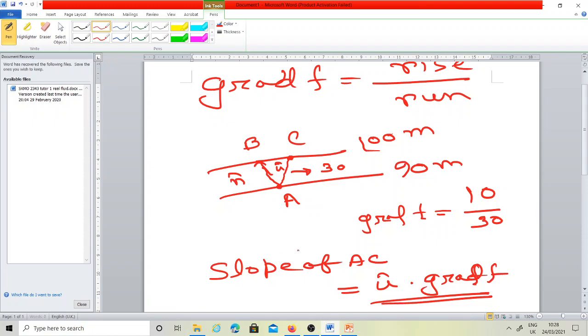Mainly we use this to find the slope, as I said, during skiing or golf. Whenever you need to measure the slope along any given line, if you know the grad, the rise by run, then you can just multiply it with the vector along that line.